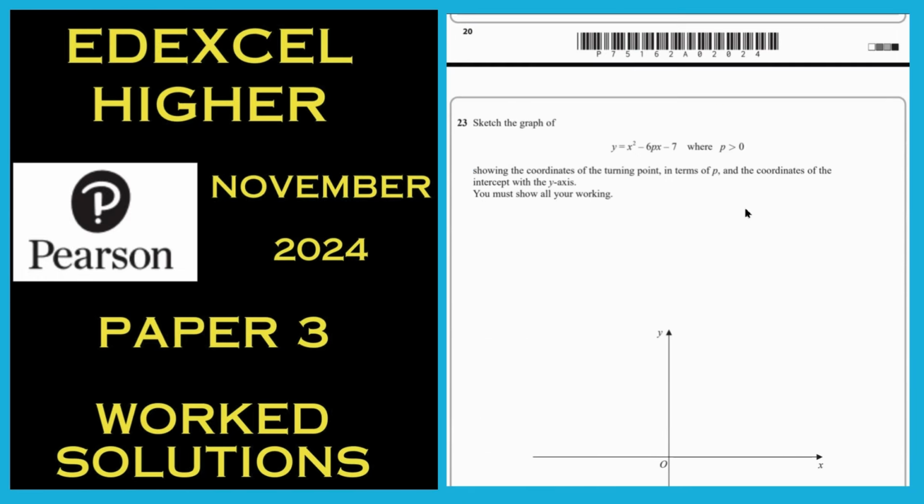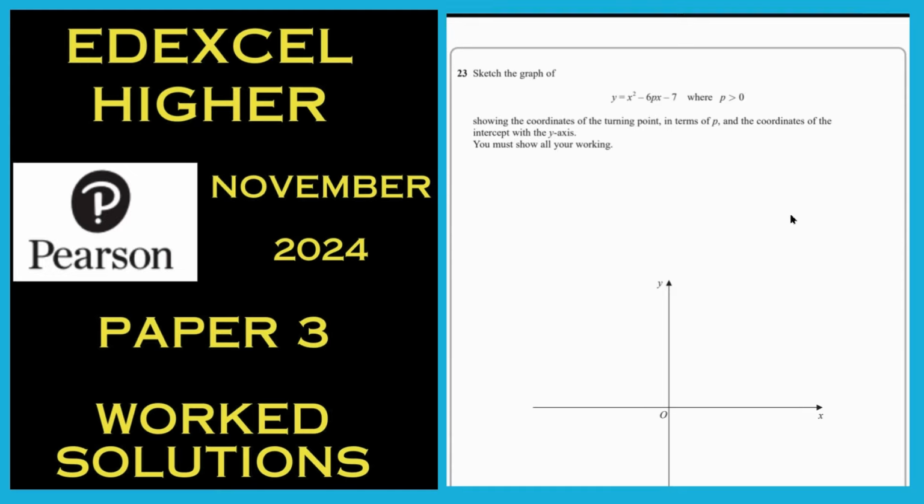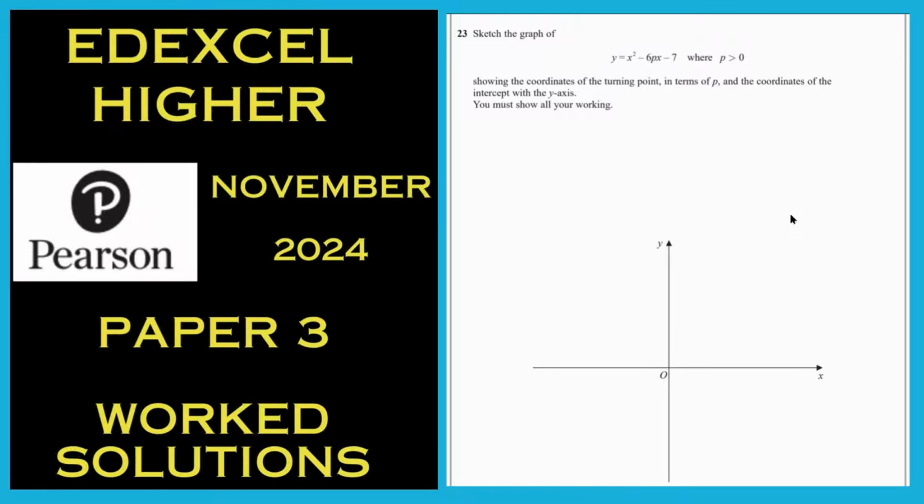And number 23 for a finale. Now, horrible looking question, I grant you. As soon as you see the phrase turning point, you should be completing the square. And it looks horrible. Don't get put off.